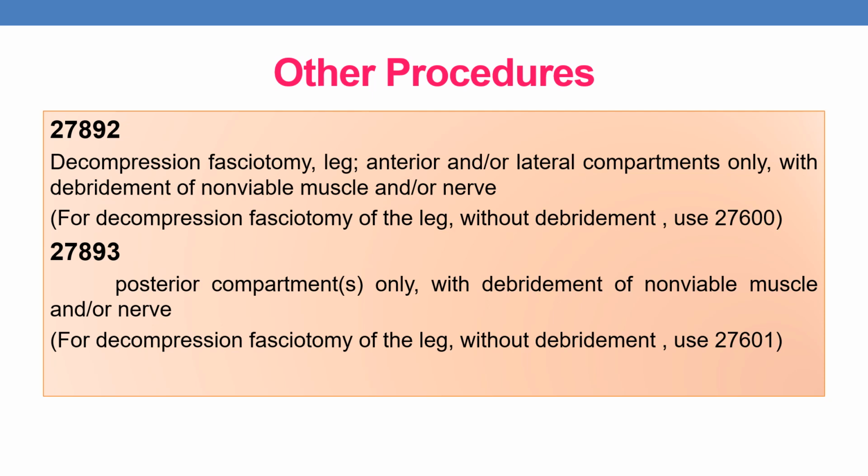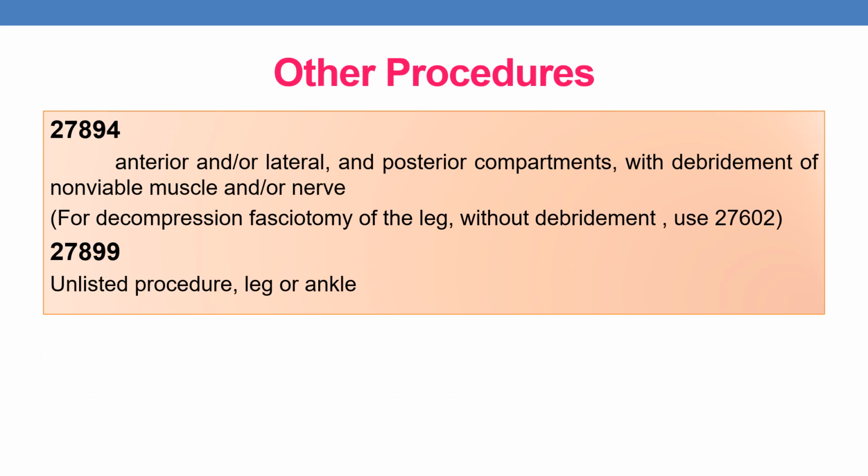The next is 27890. It deals with decompression fasciotomy leg posterior compartment only with the debridement of non-viable muscle and or nerve. And for decompression fasciotomy of leg without debridement, the CPT is 27601. The next CPT is 27894.